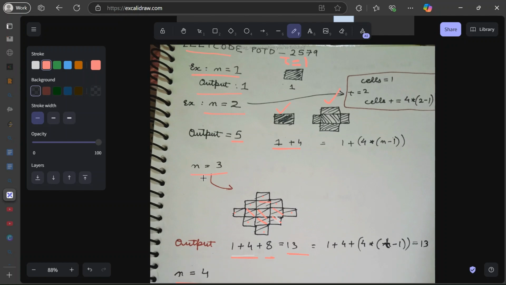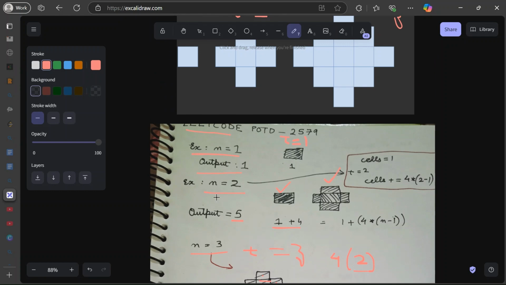Same goes to n equals to 3. This was already present. I had to add 8 more cells. So 8 can be calculated as 4 into 2, which is t minus 1 here, with t equals to 3. And this is equal to 8. 8 plus 4 plus 1 is 13.